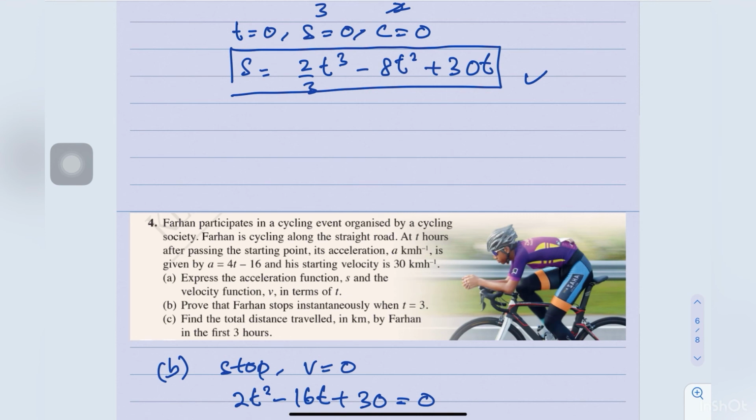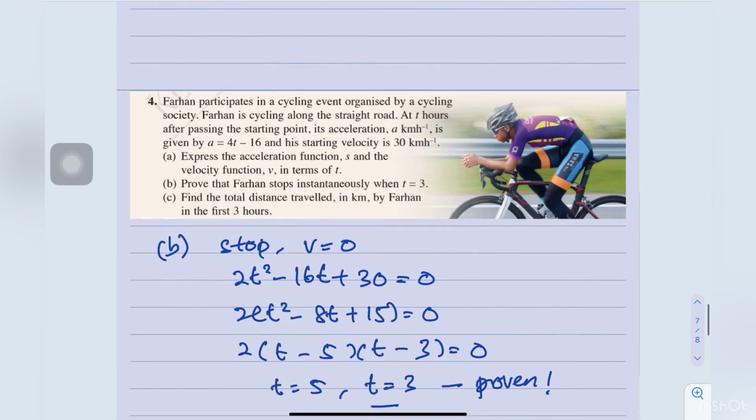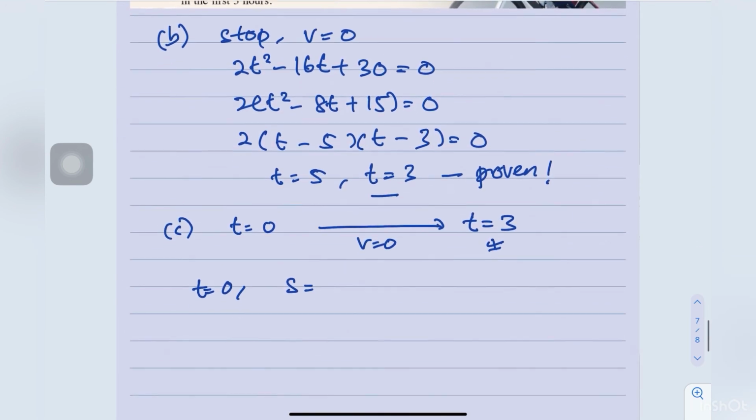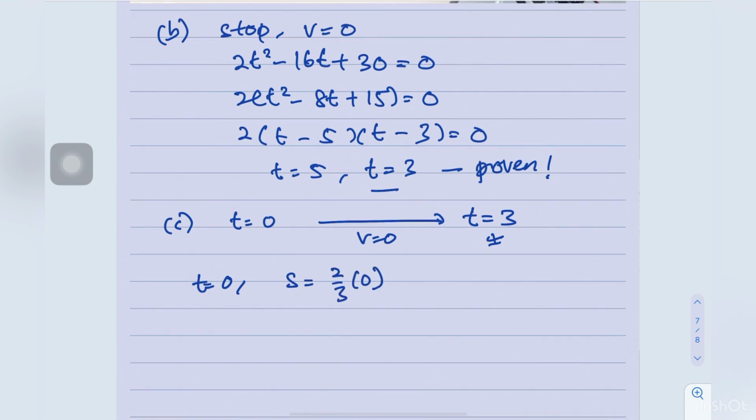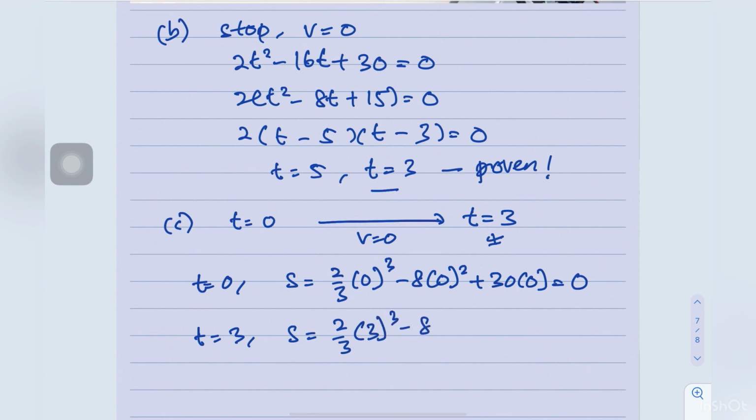When t equals 0, s equals 0 kilometers. When t equals 3, s equals 2 over 3 times 3 cubed minus 8 times 3 squared plus 30 times 3, which equals 36 kilometers.